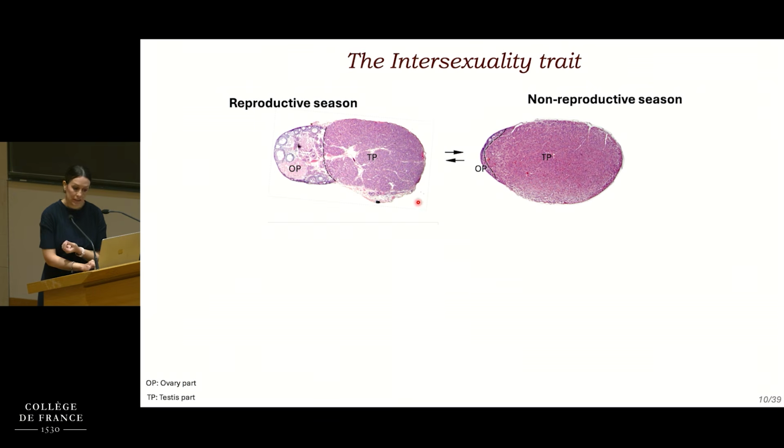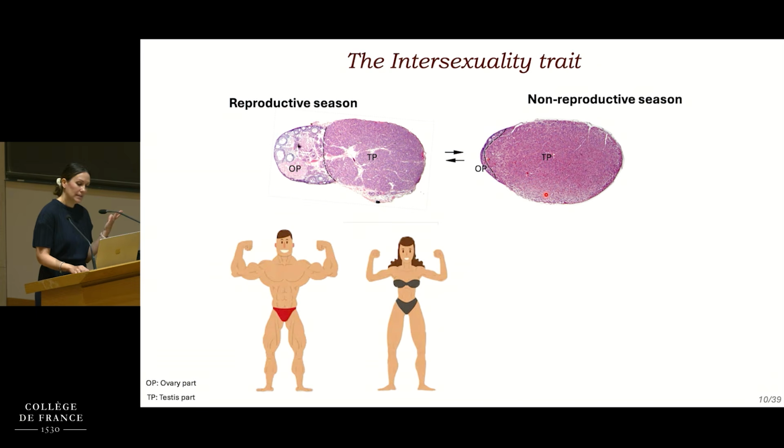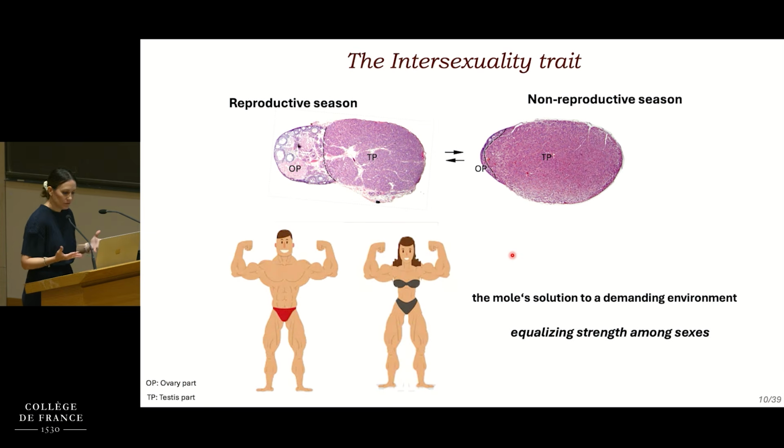But in the non-reproductive season, which in Spain is in summer, so it's really the tough season because the soil gets very, very dry, so they need to have more muscle and be stronger, the ovarian portion is reduced to a very thin layer of germ cells, while the testicular portion expands, and they even produce more testosterone, which they need to survive through the season. So in a way, we can say that the female mole, through the development of the ovotestes and the production of testosterone, has found a solution to equalize the strength among sexes in a very demanding environment.